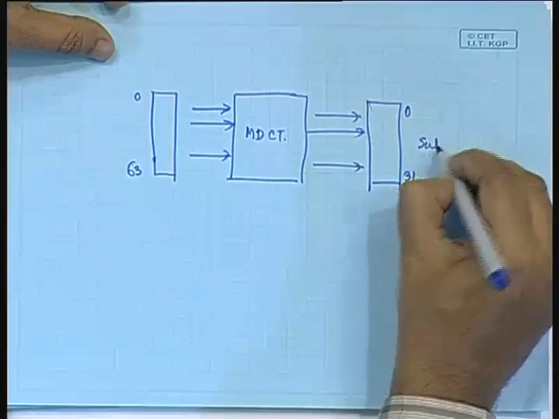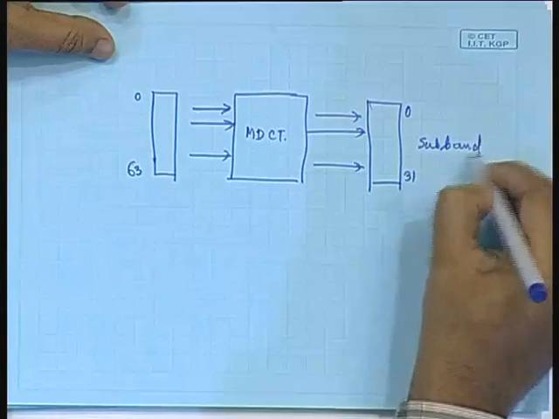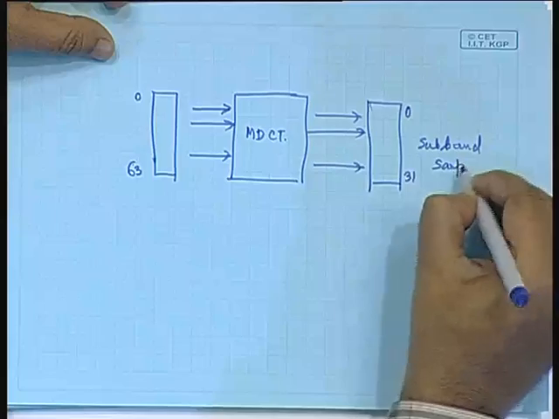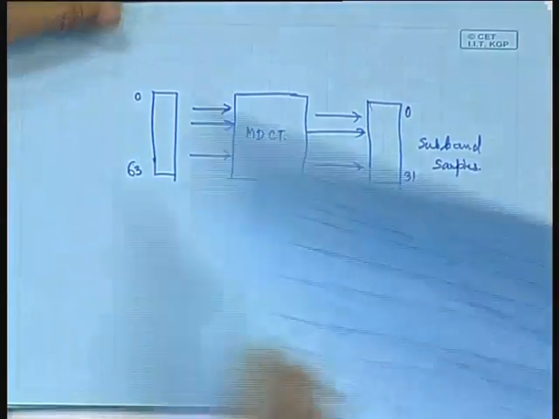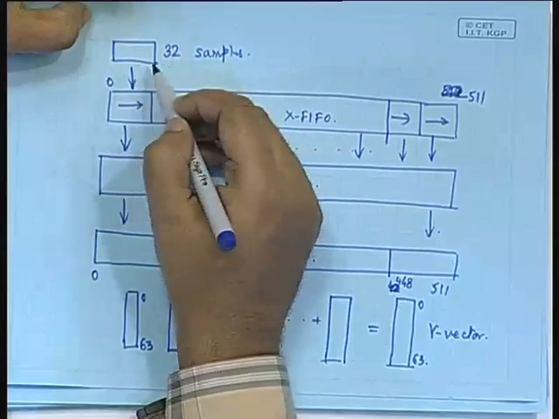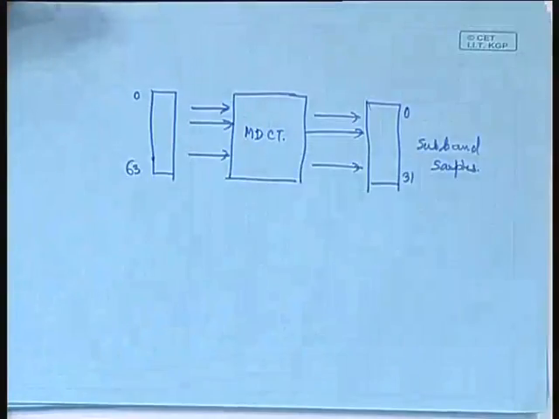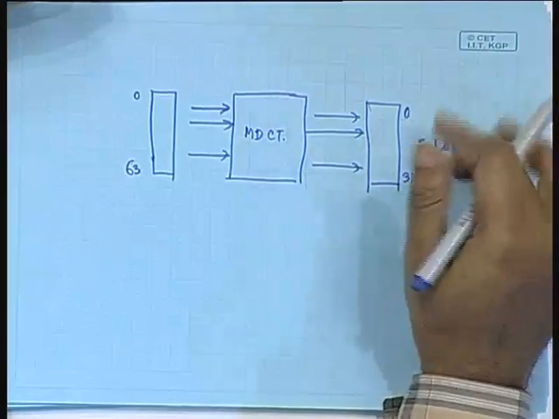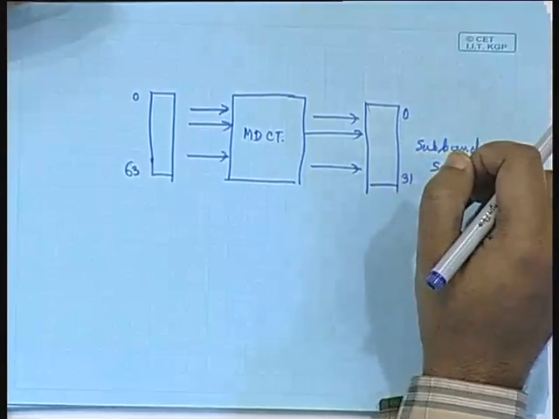So, these are the subband samples. For every 32 input time domain samples that you are feeding over here, you are getting 32 subband samples as the output from this bank.